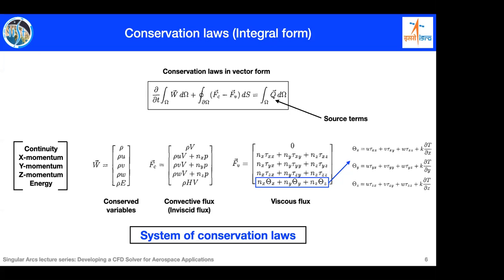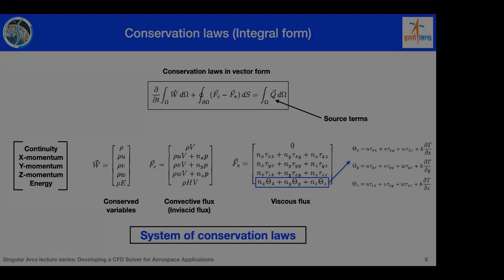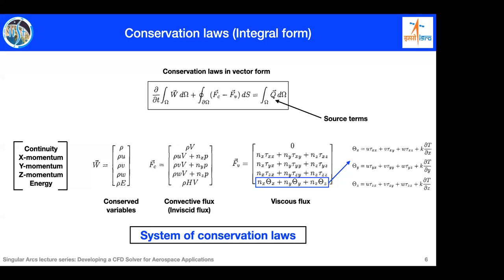All these governing equations we can write in a compact matrix form like this, where W is the set of conserved variables. These are the unknowns which we are solving for. Whatever other terms were there, we group into different terms. FC is the convective flux term, FV is the viscous flux, and Q are the source terms.